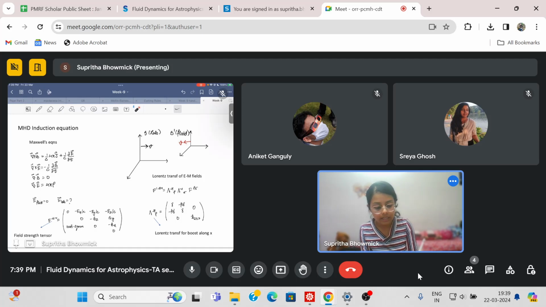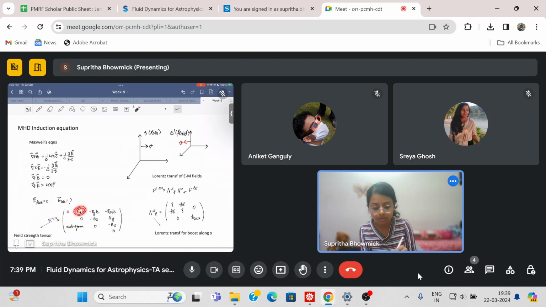F mu nu is the field strength tensor. It is given by this. You can see that this depends on Ex, Ey, Ez and the x, y, z components of the magnetic field. It's an antisymmetric tensor, which means that if you invert mu and nu, you get a minus sign. So these components are set by demanding that if you take the transpose of this, you should have a negative sign over here.